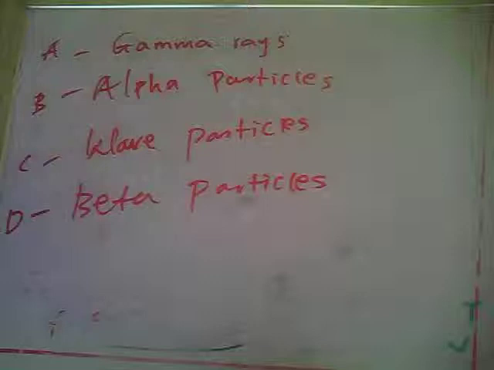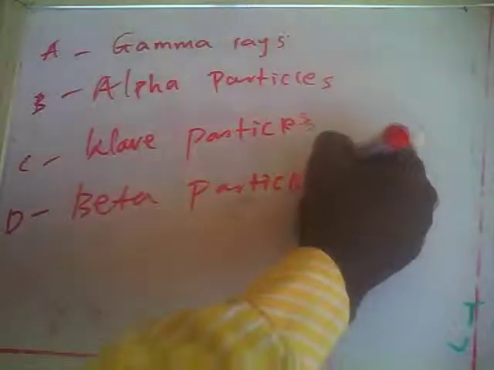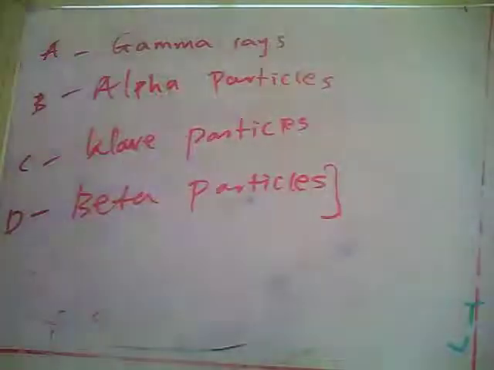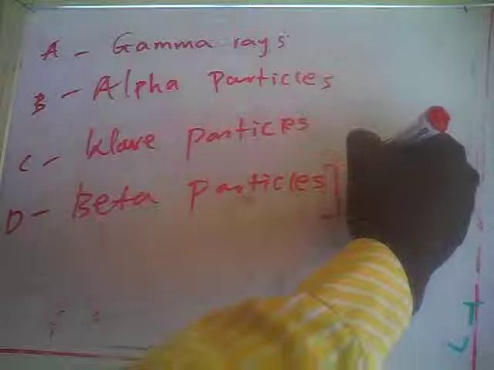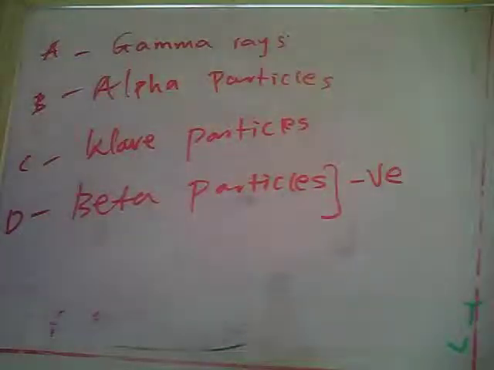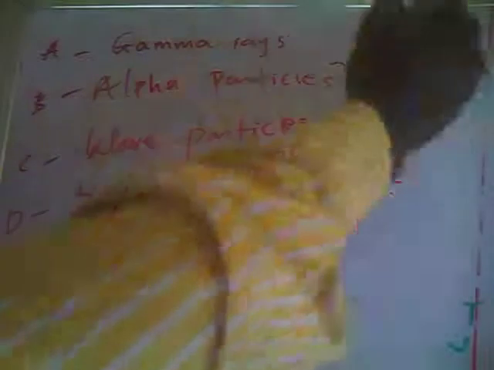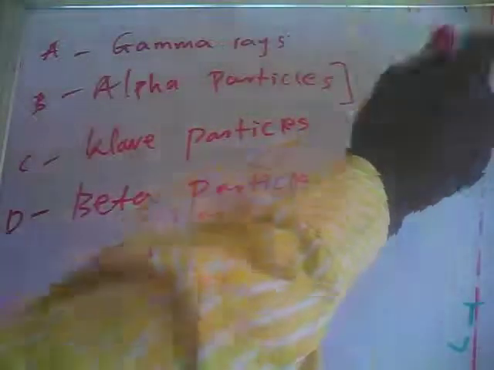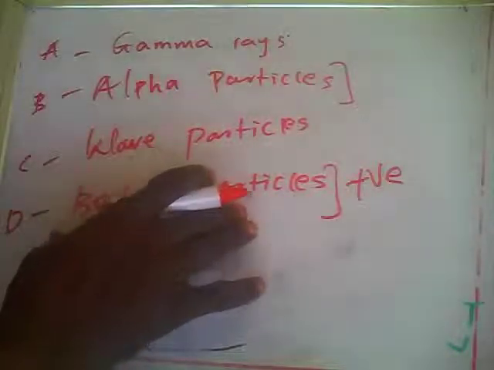Of all these, we know that beta particles are high speed electrons, so they are negatively charged. They carry negative charge, so they are deflected towards the positive plate. Alpha particles are nuclei of helium, and they are positively charged.